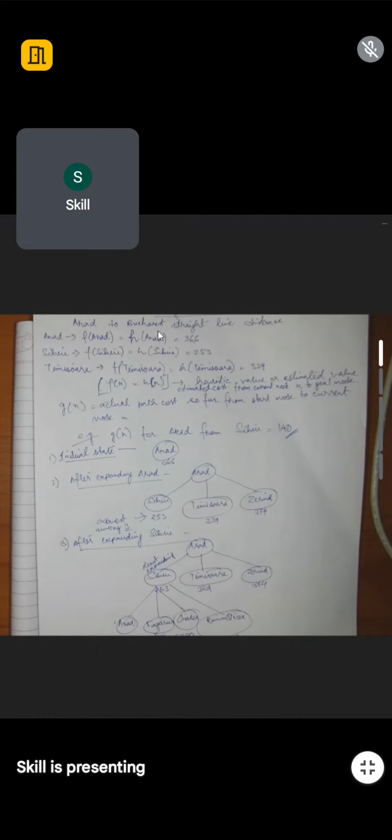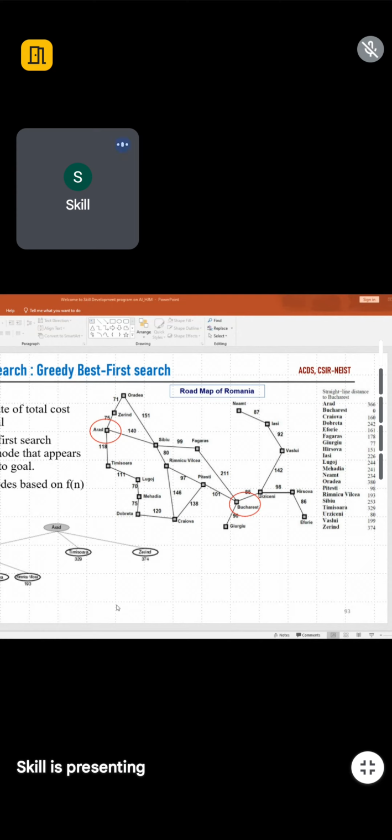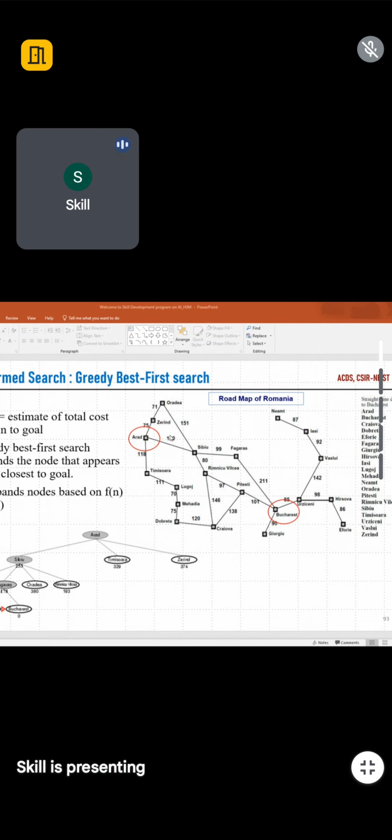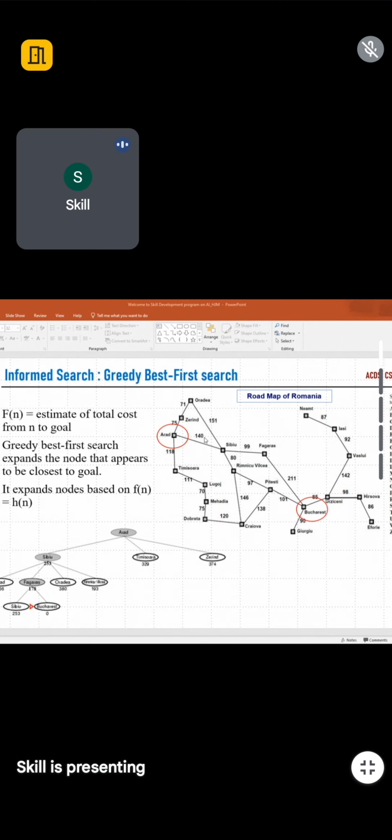So g(n) here is mentioned, but g(n) will not be used. Here in greedy best first search, only f(n) equals h(n) will be used, which is already here, you can see.